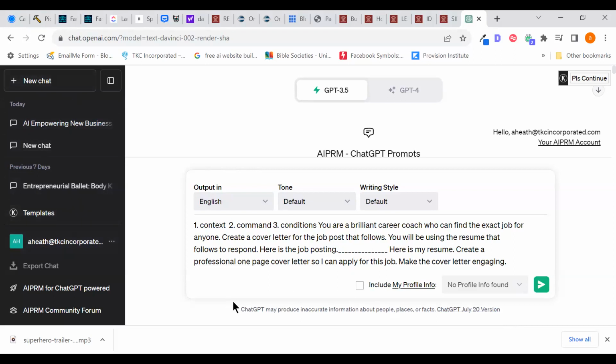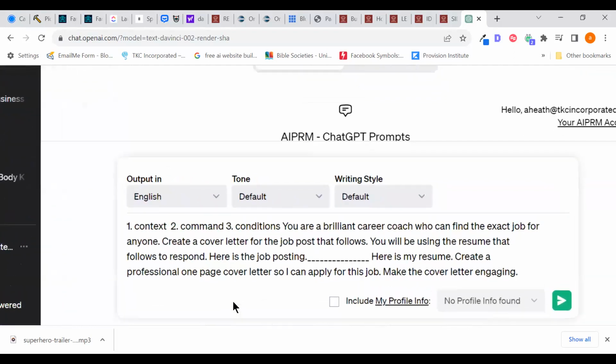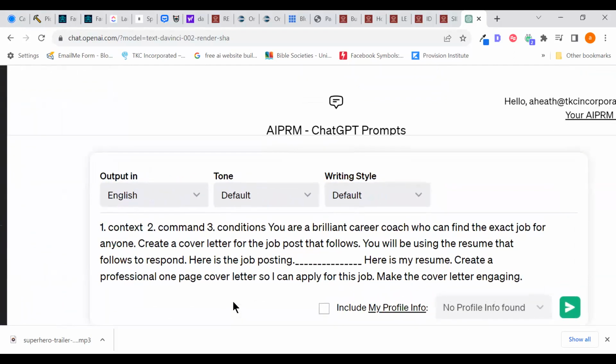Now, a very quick, easy way to do prompt engineering is set the context, set your command, and then you set the conditions. So as you can see here, I was just giving it a command. I'm not going to run this, but the context is I'm telling it, this is what I want you to act like.